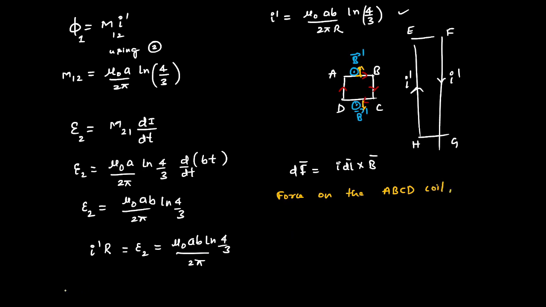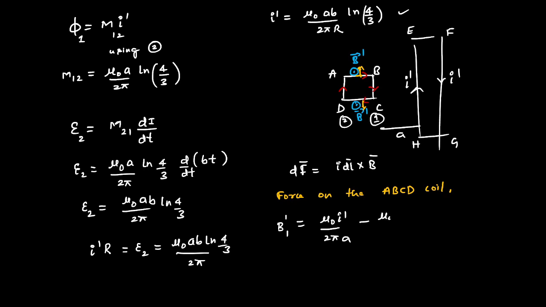For finding the force on the ABCD coil, first I will find the magnetic field at the first side and the second side. At the first side, the magnetic field B1 dash is equal to mu naught times I dash divided by 2 pi A, because A is the distance from the first wire to this first side. Because of the second wire, we can find the magnetic field at that point.